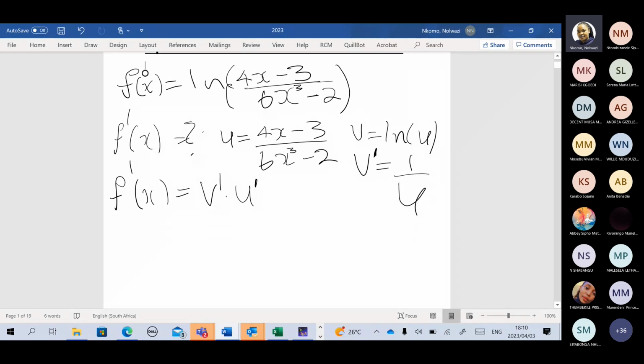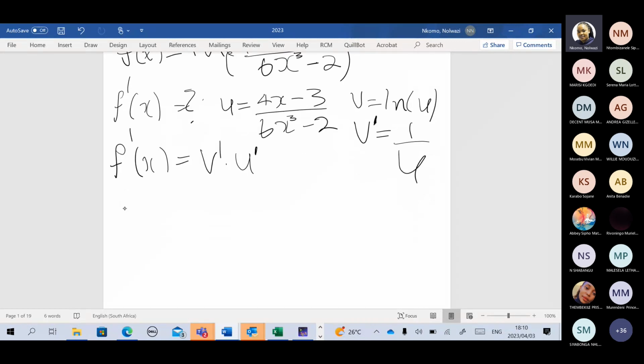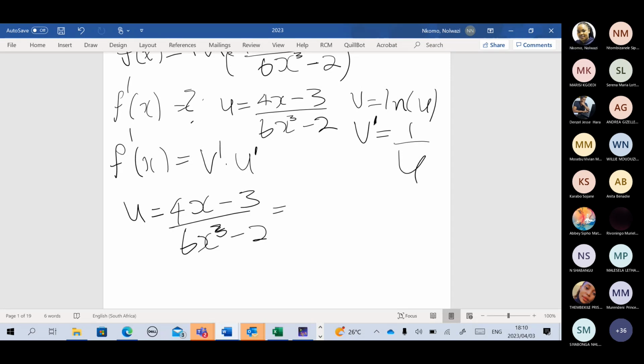Okay, then we have u. Our u is equal to (4x minus 3) over (6x cubed minus 2), right? For u, we have the numerator and the denominator, meaning we have to use the quotient rule to differentiate this function.